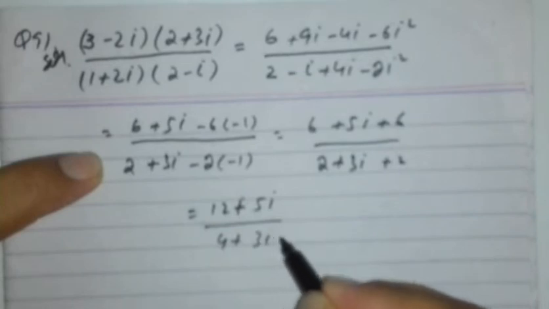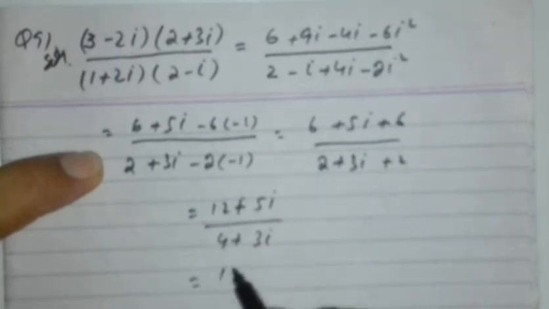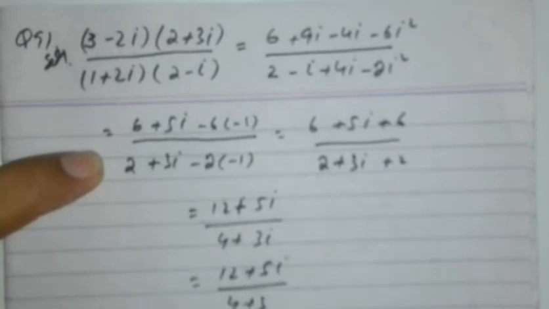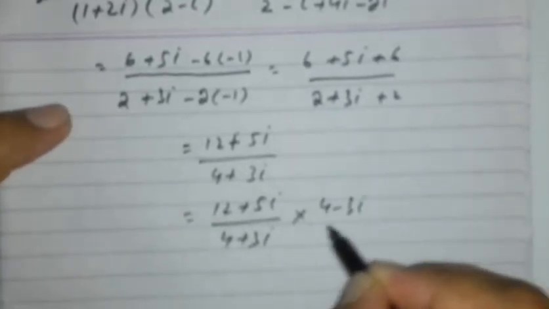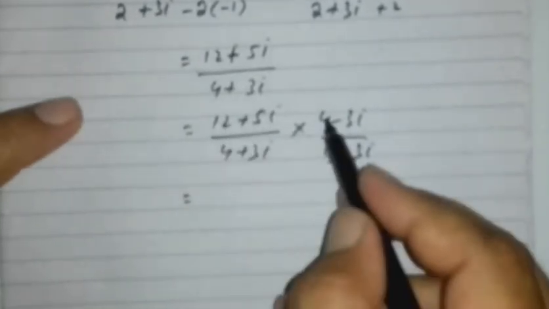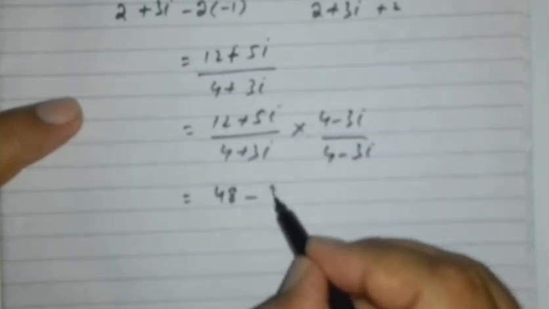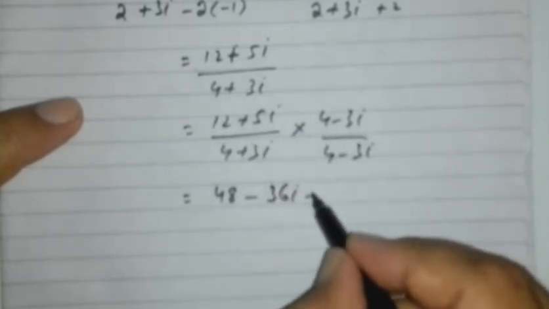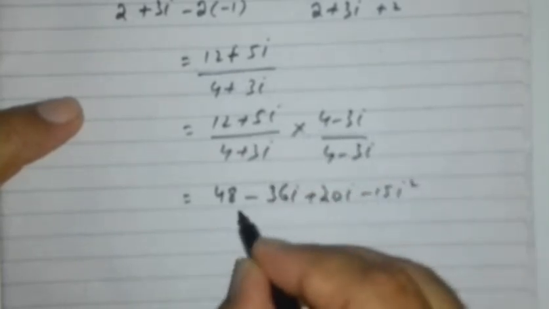Now divide and multiply by the conjugate of 4 plus 3 iota, which is 4 minus 3 iota. 12 plus 5 iota divided by 4 plus 3 iota, into 4 minus 3 iota divided by 4 minus 3 iota. So here we get 12 4s are 48, minus 12 3s are 36 iota, 5 4s are 20 iota, and 5 3s are 15 iota square.